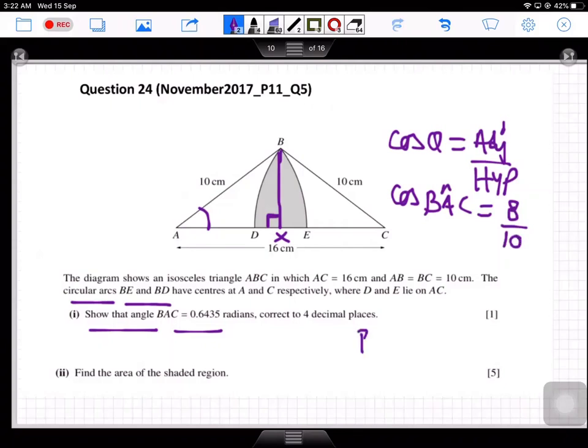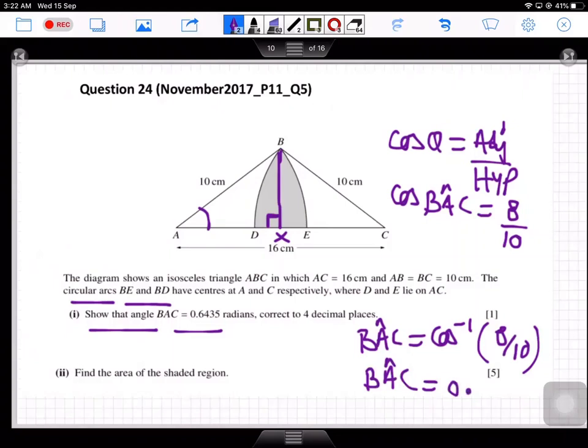So BAC is therefore cos inverse 8 over 10. Cos inverse 8 over 10 and correct to 4 decimal places, 0.6435 radians. We have the answer. This working was for 1 mark.